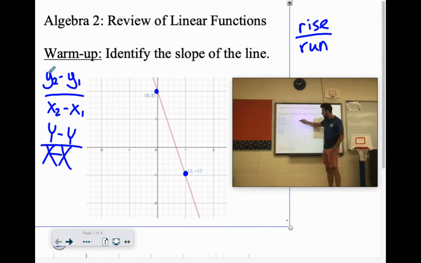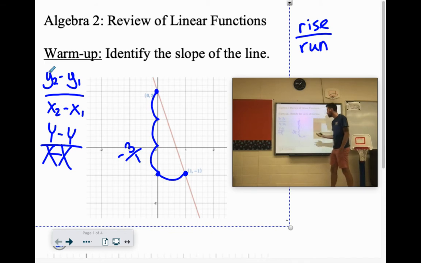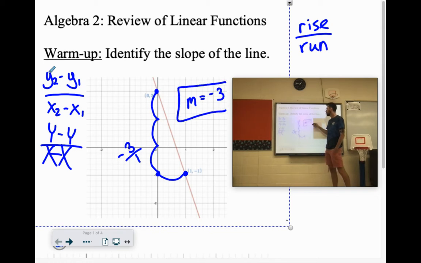We're at 0, 2 right now. So if we go to 1, that's down 1, 2, 3. So we went down 3, and then we ran over one space. So it's negative 3 over 1, and then you just simplify that. So our slope here would be, we'll say m equals negative 3. Our slope is negative 3.